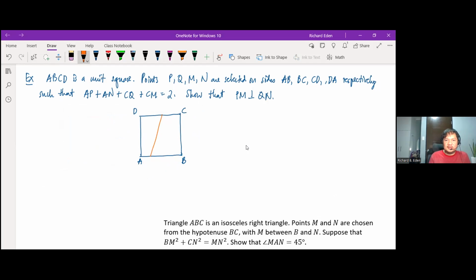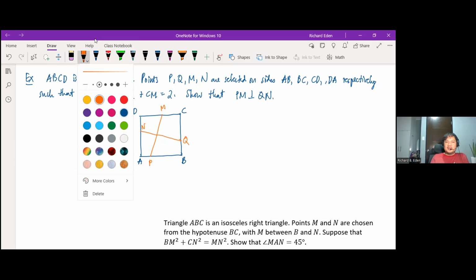So say this is P and then M, and then let's say this is N and Q. Huwag lang natin lagyan ng angle. All right. So suppose that AP plus AN plus CQ plus CM equals 2. And then how do we argue that PM and QN are perpendicular?